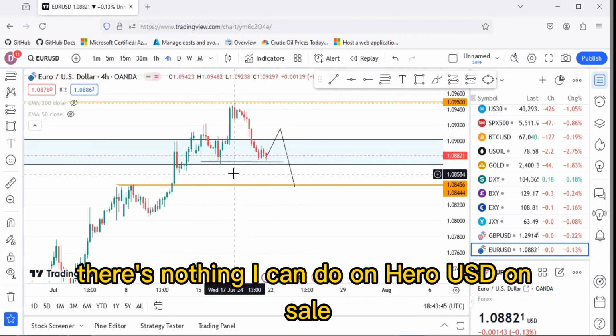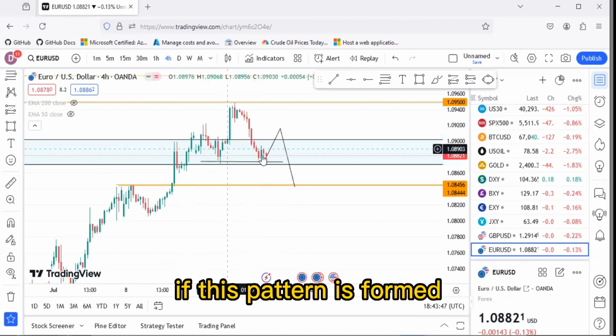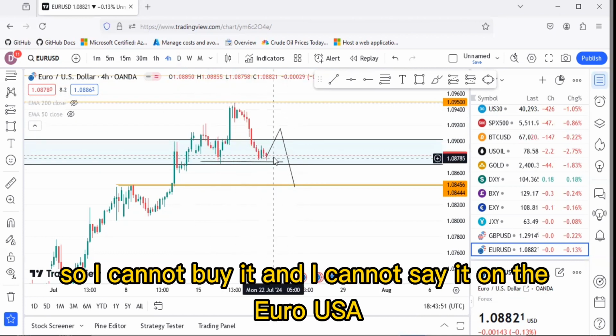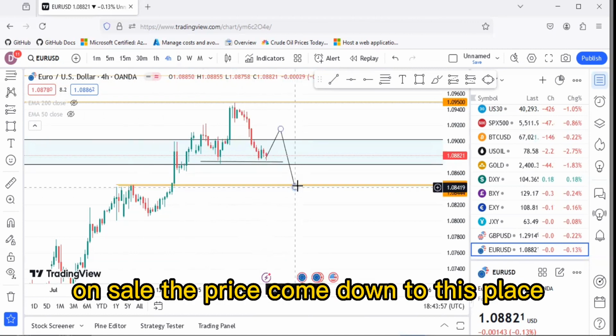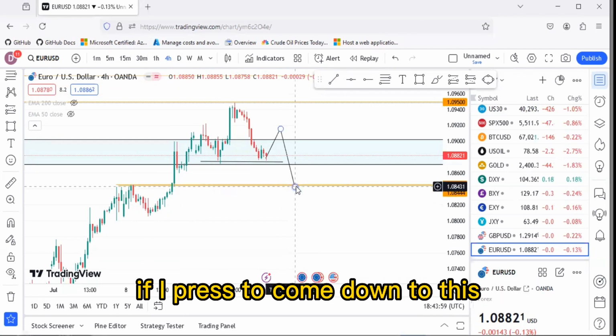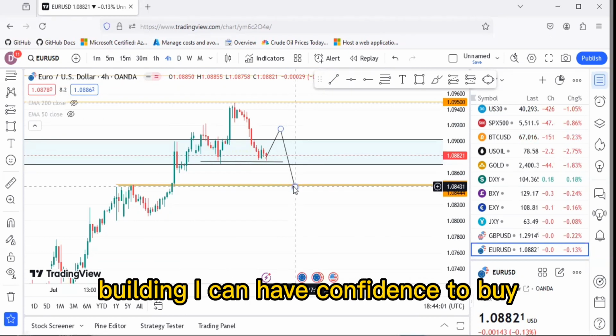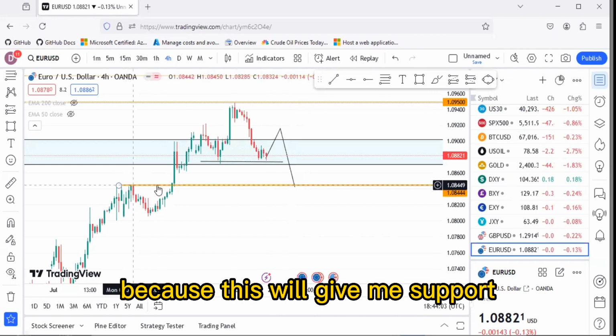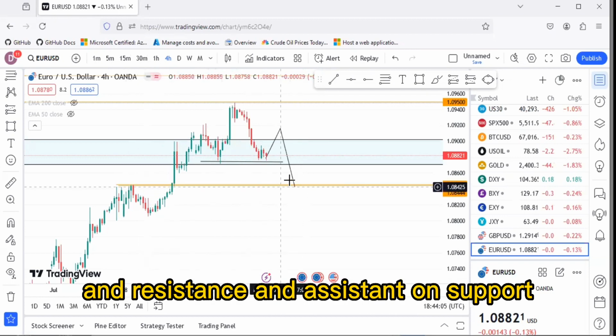There is nothing I can do on Euro USD until this pattern is formed, then I'll be able to make my decision. So I cannot buy here and I cannot sell here until the price comes down to this place. If the price comes down to this place, then I can have confidence to buy it, because this will give me support and resistance, and resistance on support.